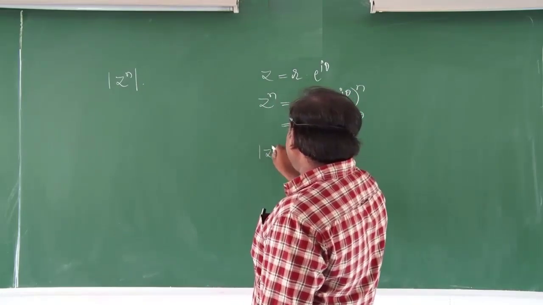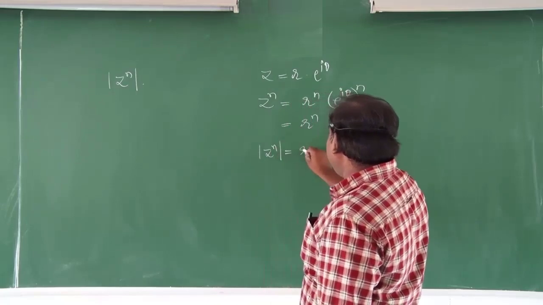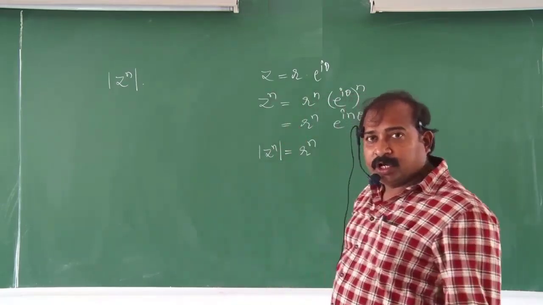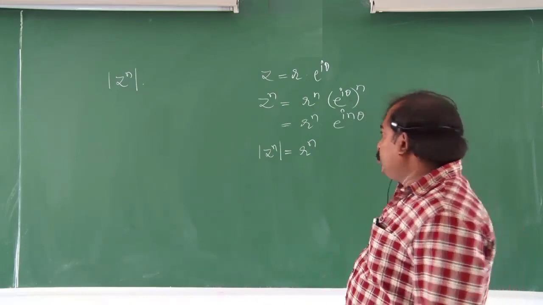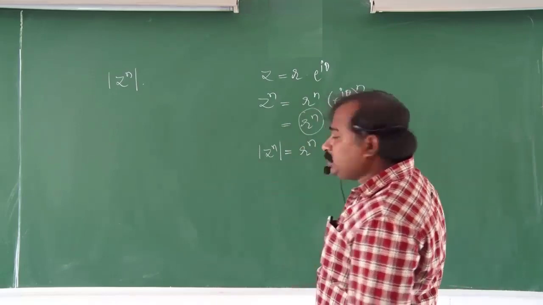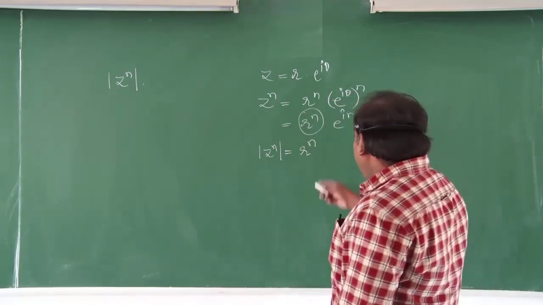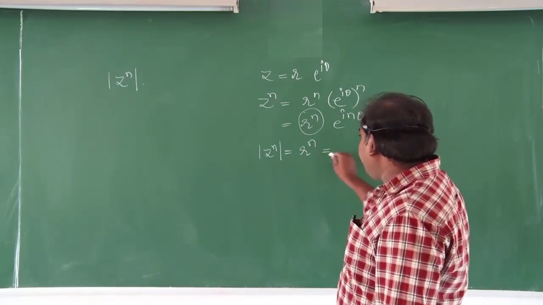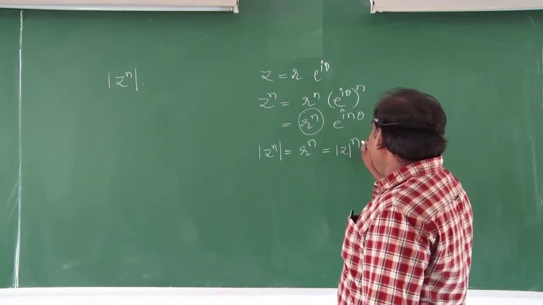That means modulus of z power n is equal to what value? r power n. Here z power n means you will get one complex number only, na? So for that complex number, this is the modulus value. And that too, this value I can write as r, which is again mod z only. So mod z whole power n.